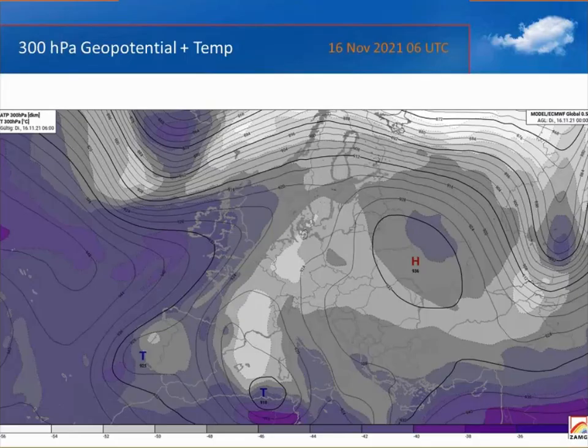with this model chart. It's the geopotential and temperature map at 300 hectopascal from ECMWF this morning, today. And I have chosen 300 hectopascal because I would like to have a look at the upper layer of our atmosphere.